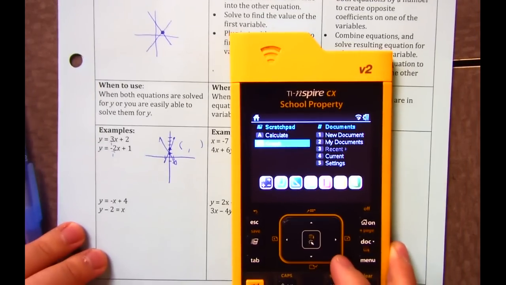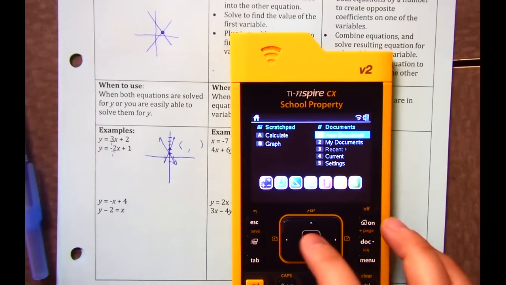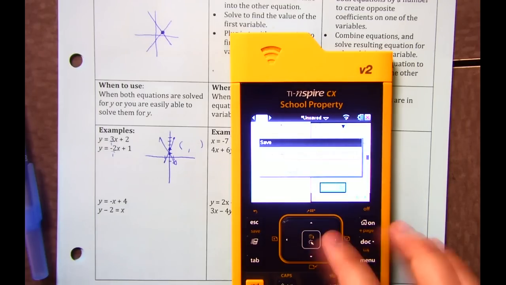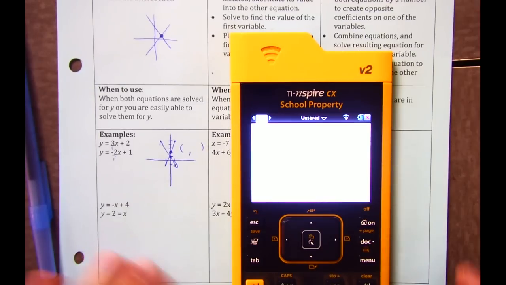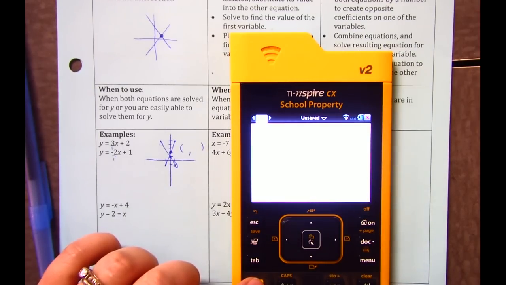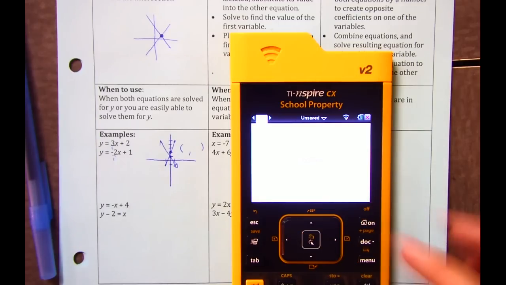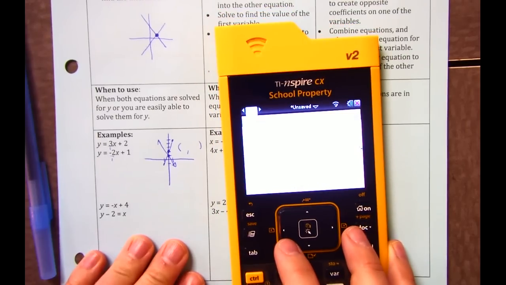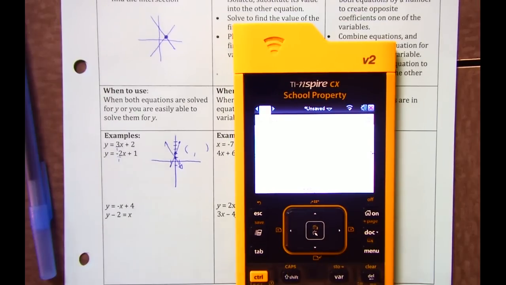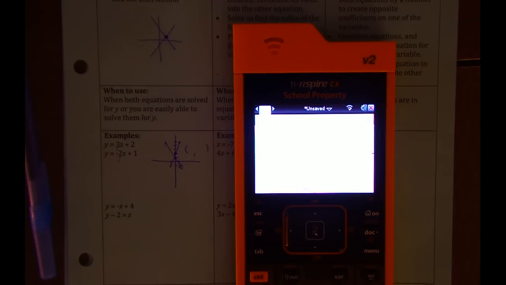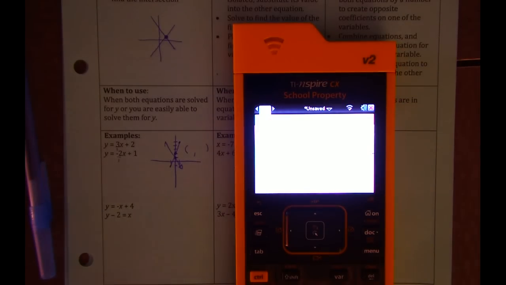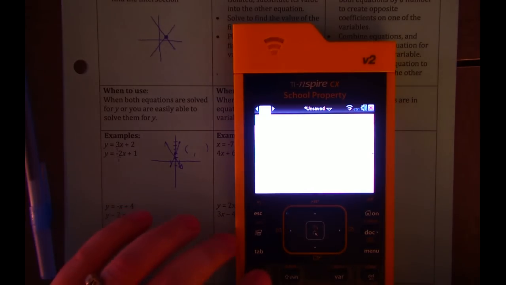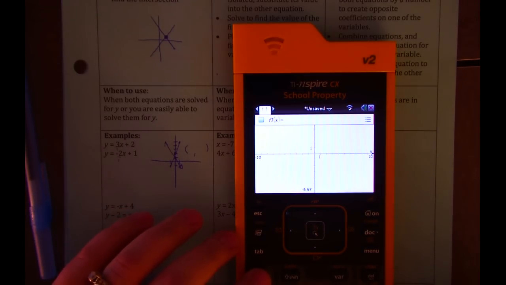So what we can do is take a calculator, open up a new document, and add a graph. Let me make this a little bit darker so you can see it here. There we go.